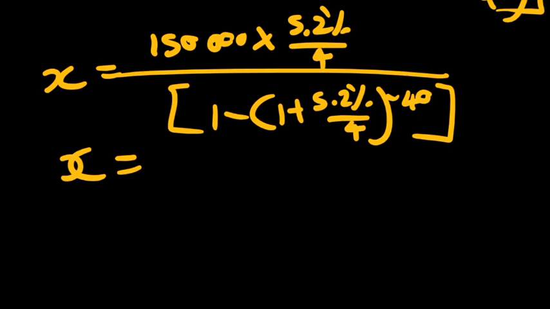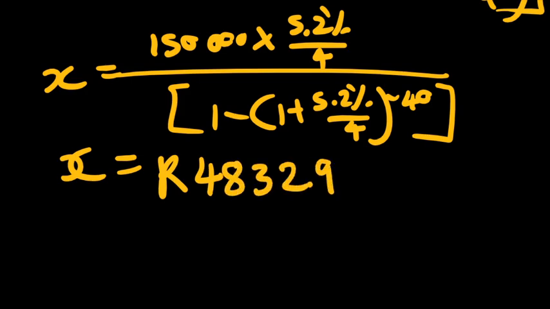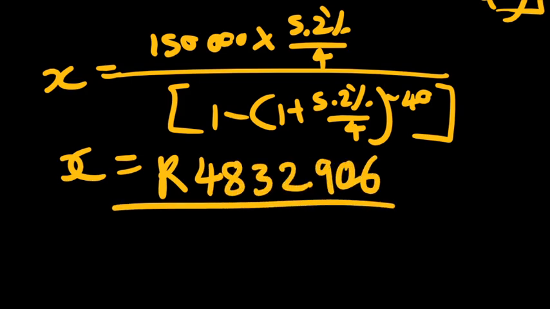I'm literally punching this out, so please do punch with me so that we make sure that we're getting the same thing, right? So 5.2% all over 4 to the power of minus 40. I'm getting an amount of 4832.9069, right?